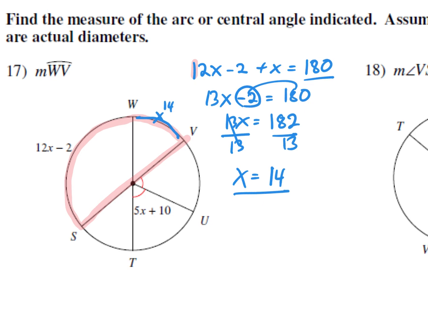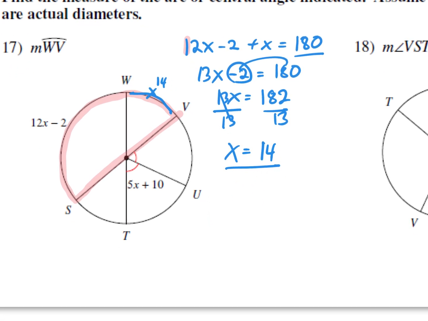Having said that, we can recheck if we are correct. The measurement of arc WV is now going to be 180 minus this amount.